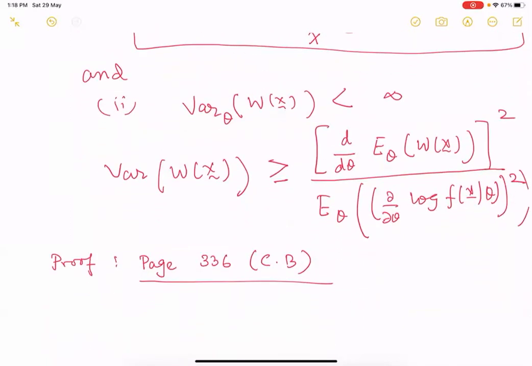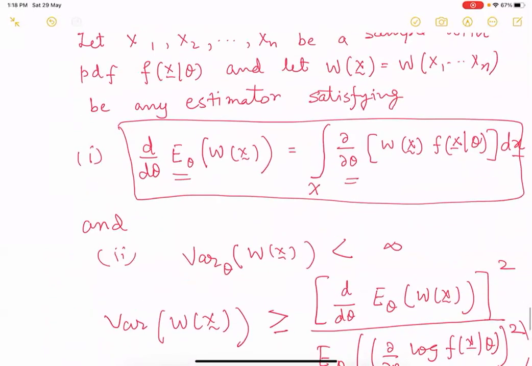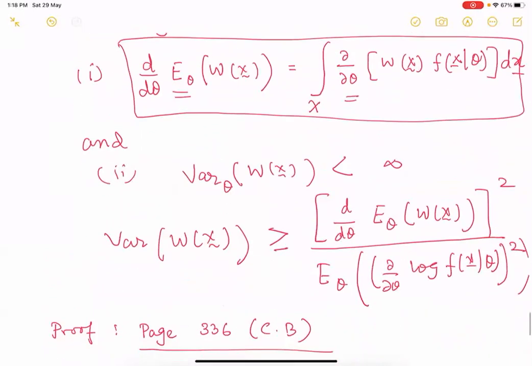Now, having said that, and the variance is finite, of course, that's a good thing. That's a bare minimum thing. It's saying that given a fixed sample size, the variance of an estimator will have a lower bound. So you can try a lot of things, but at the end of the day, it is bounded.